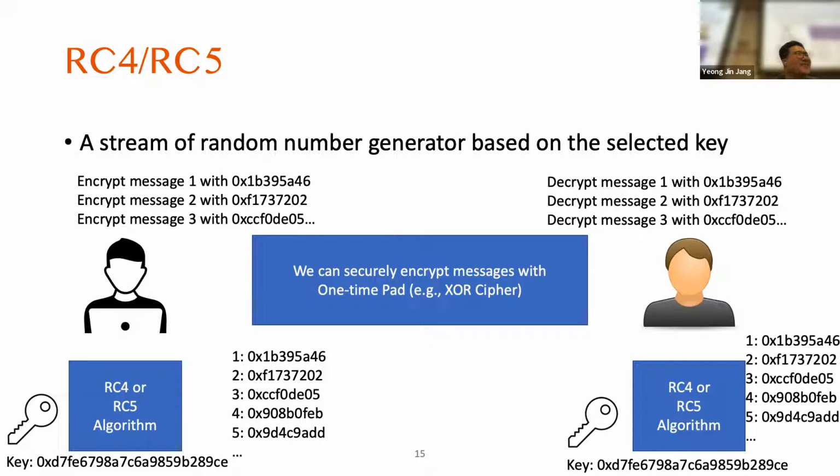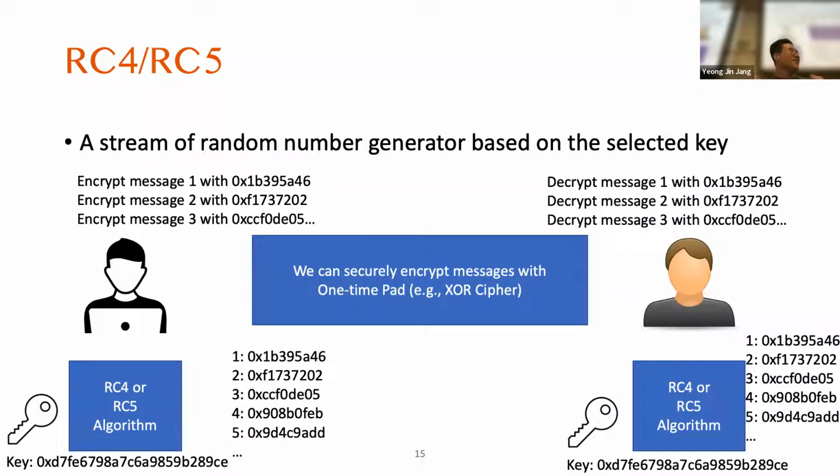Any questions up to this point? Yes. You said that this only works with small messages. One-time pad requires the key size to be the same as the message. That's the caveat. We need to prepare a long key for the long plain text.